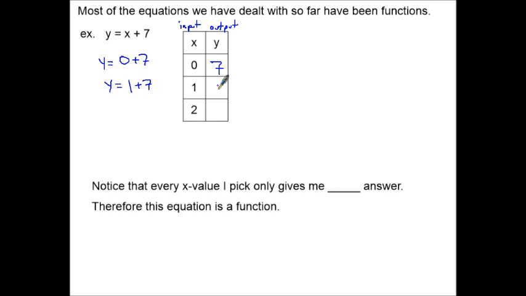I add 7 to that, and I get only the value of 8. Then I do it again with 2. 2 plus the 7, got ahead of myself, gives me a 9 as an answer. That's a 7 right there, trust me. But again, notice that each x value I picked gives me exactly one answer, therefore it's a function. If I keep plugging in more x's, I'm still only going to get one answer each time.